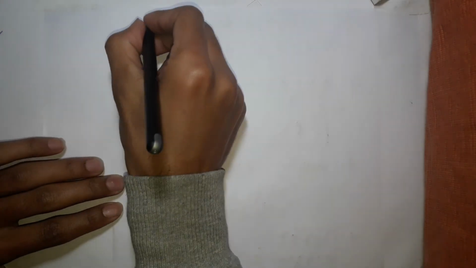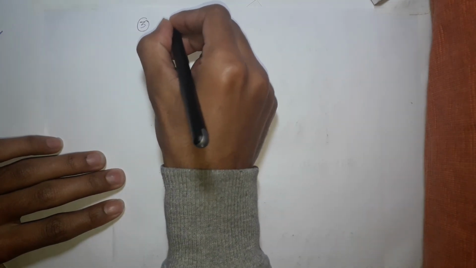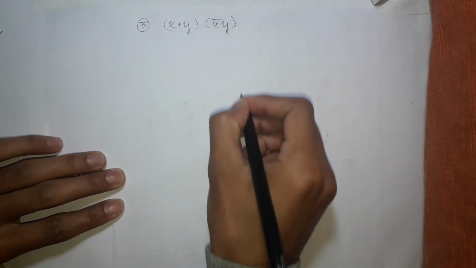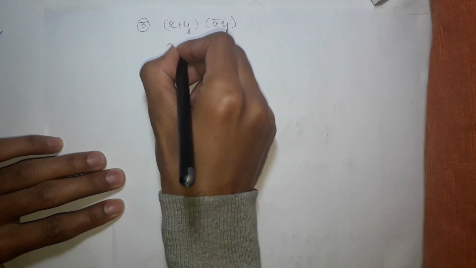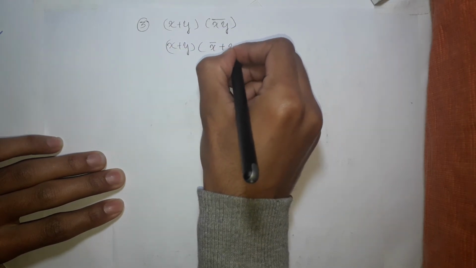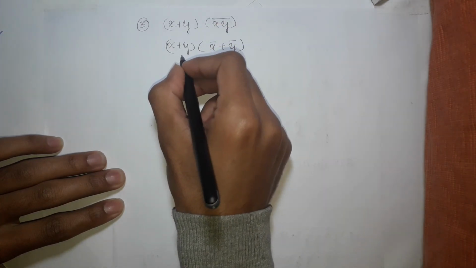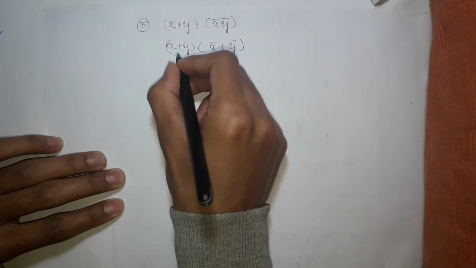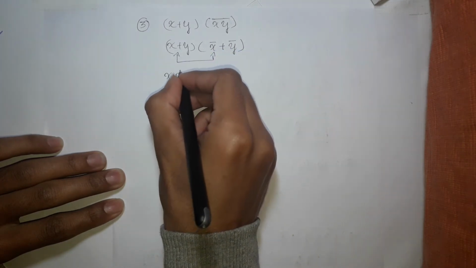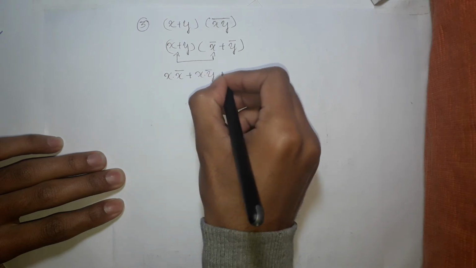So question 3 is this one. Now we'll apply De Morgan's law in the second bracket. It will become x bar or y bar. Okay, now distributing this over this bracket, we will get this expression.